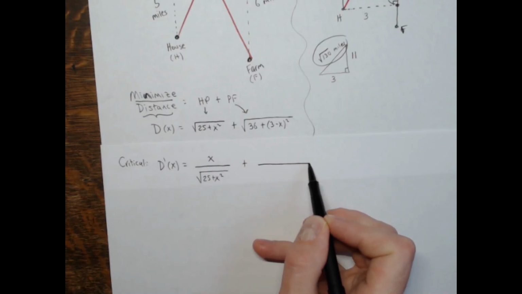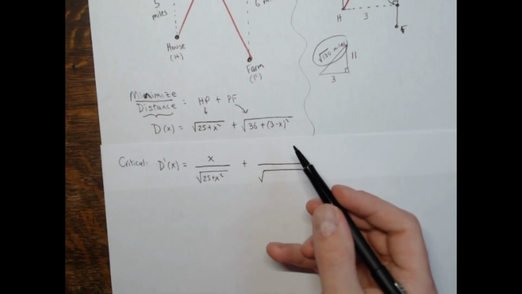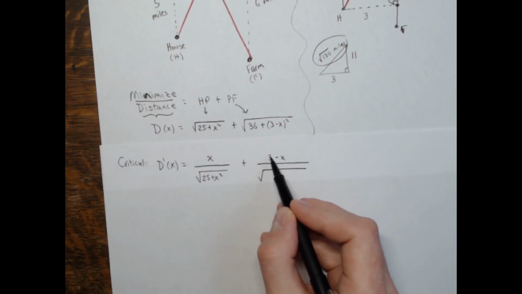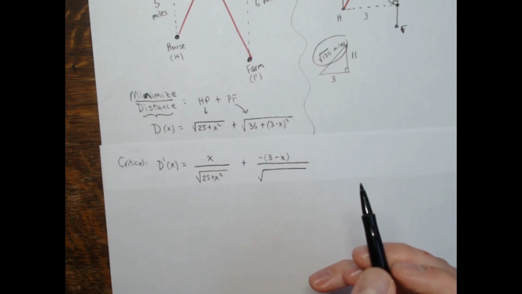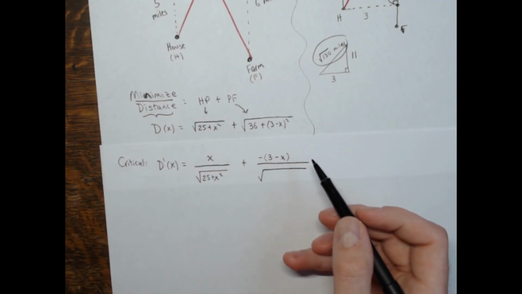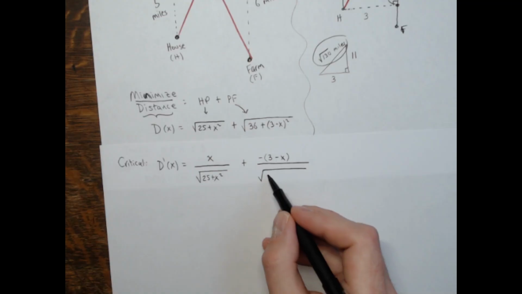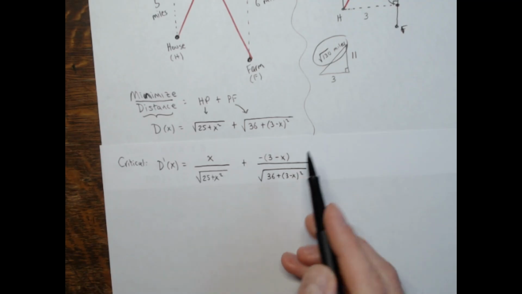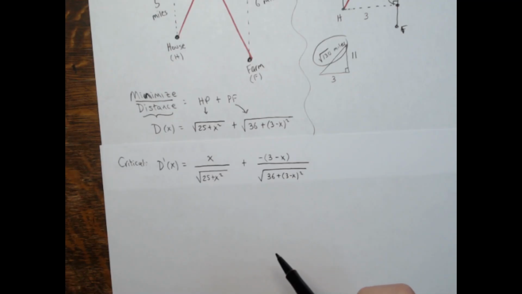So puts this in the denominator with a 2. But then when I take the derivative of the thing inside, this would be 3 minus x, times negative 1, because of the derivative of 3 minus x as well. So that would just be x minus 3. So there's the derivative of our distance function using the chain rule and whatnot.